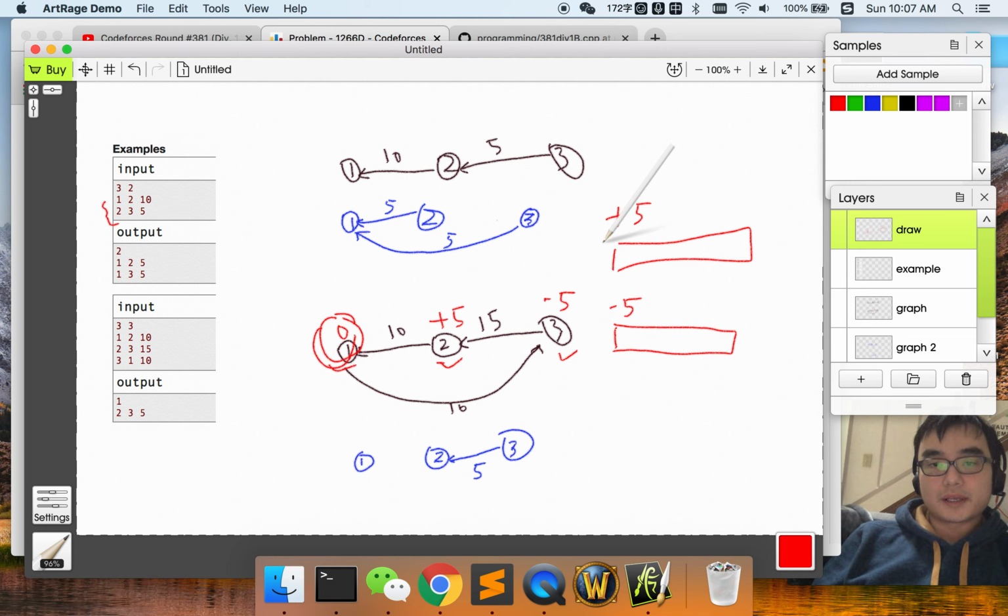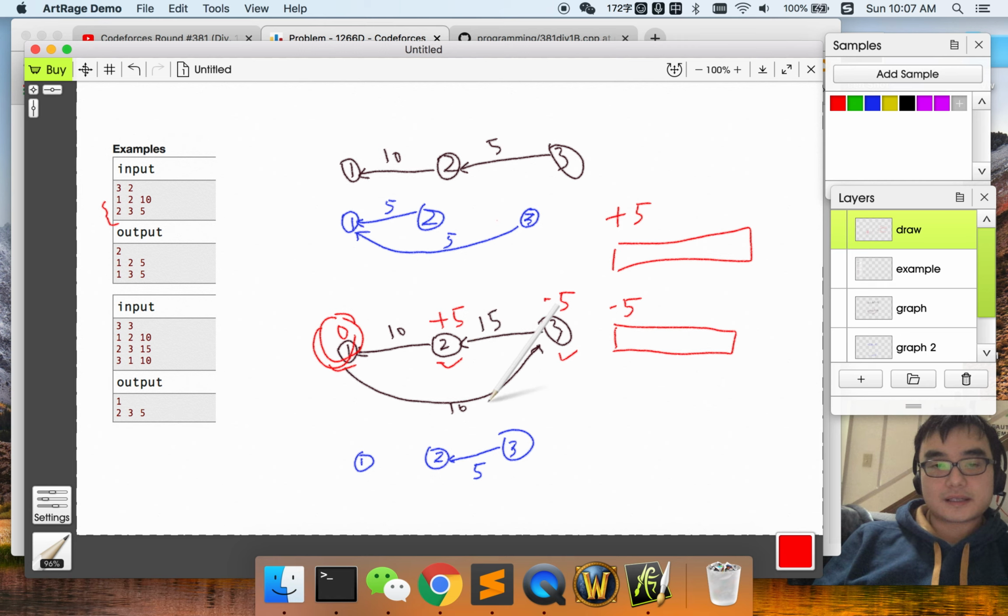So when we have all the people that have positive balance, we can just choose one person from the negative queue and connect them with an edge, right?